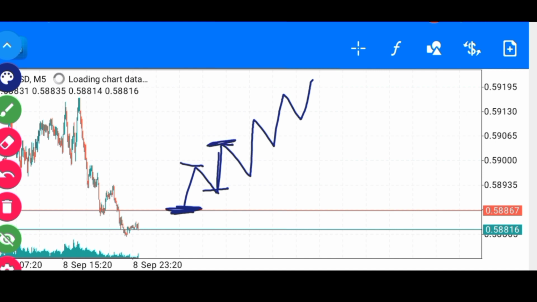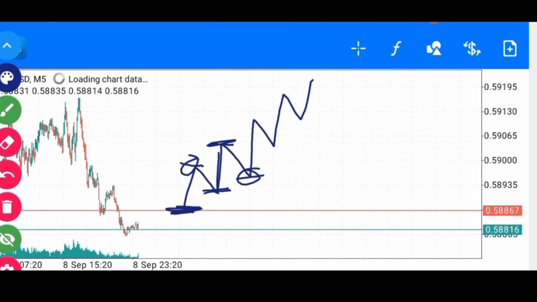We call it a higher high because it's higher than this previous high. Is that clear? It came back again but didn't break this low, meaning it did not make a lower low. So we call this a higher low.